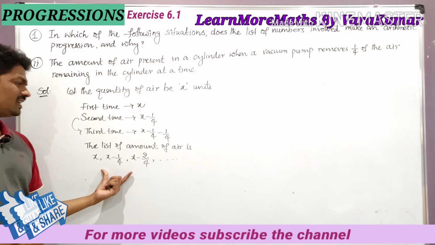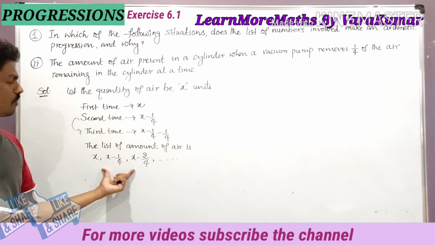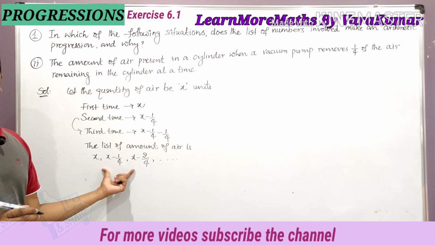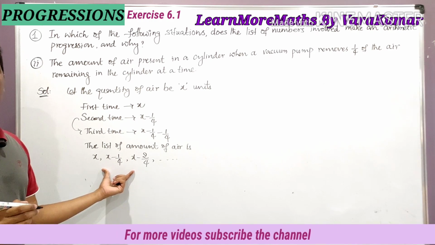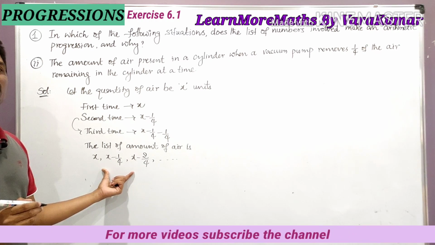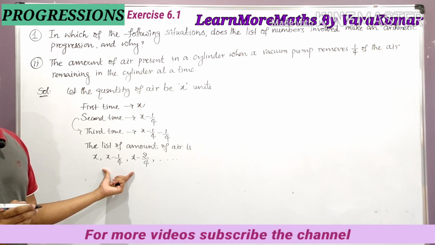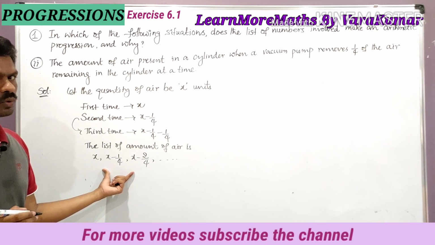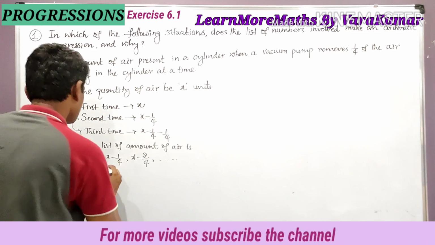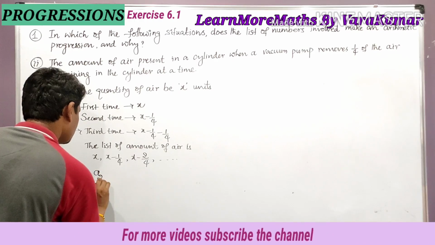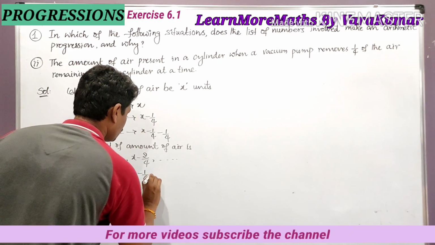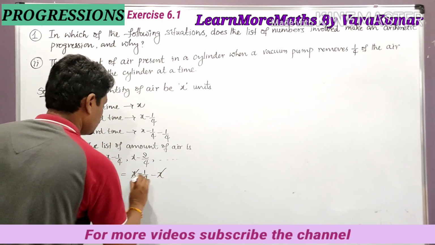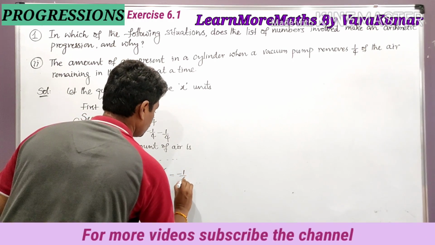So here, we have to check whether the list of amounts of air forms an AP or not. By finding the common difference of successive terms, we can decide whether it forms an arithmetic progression or not. So here A2 minus A1 is equal to x minus 1 by 4 minus x, so that is minus 1 by 4.